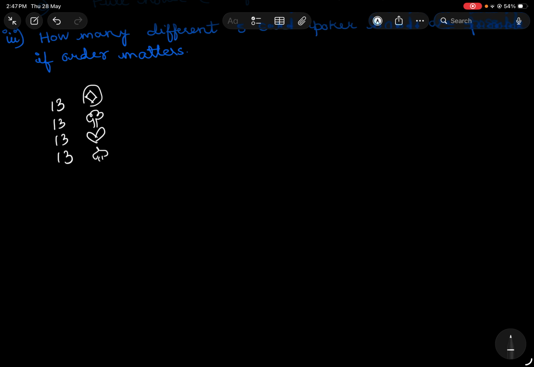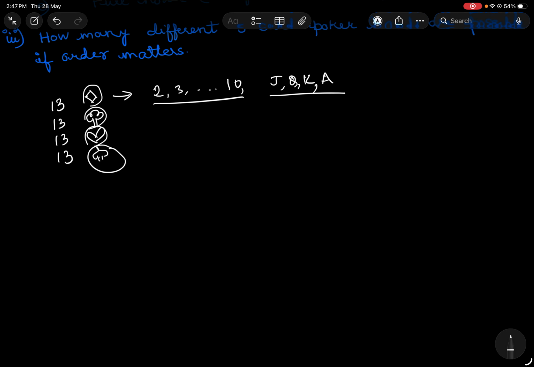These are the 4 symbols, and for each of these symbols I have numbers from 2, 3 till 10. I have a jack, queen, king, and I have an ace. So 4 times 13. All right. So I have 13 of diamond, 13 of this, 13 of this, 13 of this. So 52 cards in total.